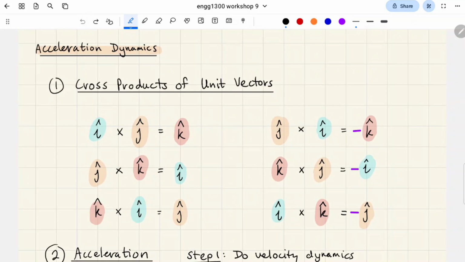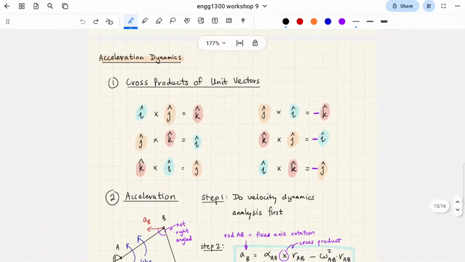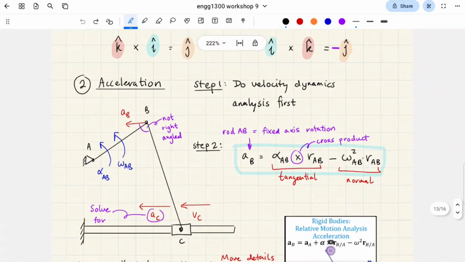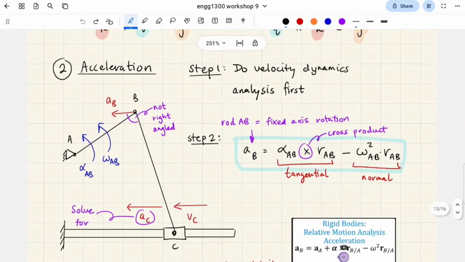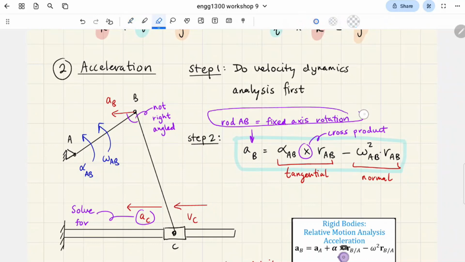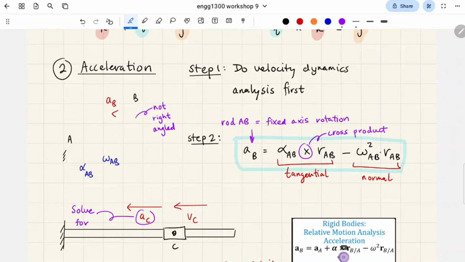This is going to be important because if we're using unit vectors, we're going to be using cross products. Here's where the cross product is. It's only for the tangential component, and this is for the case of fixed axis rotation, so that's from here to here.